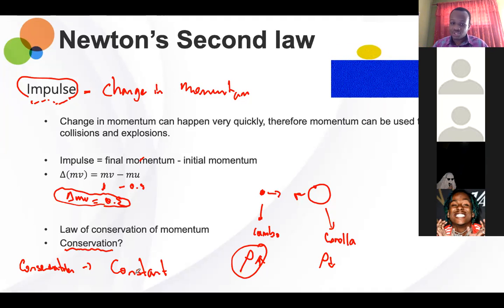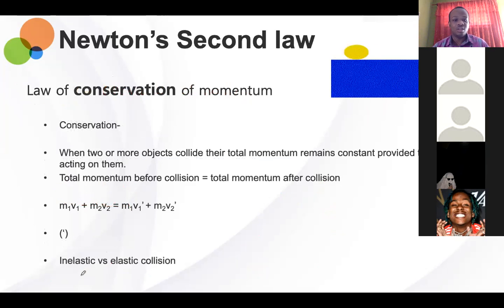Whenever we see conservation, we should think about being constant, not changing, remaining the same. Anytime we say conservation, think about constant.